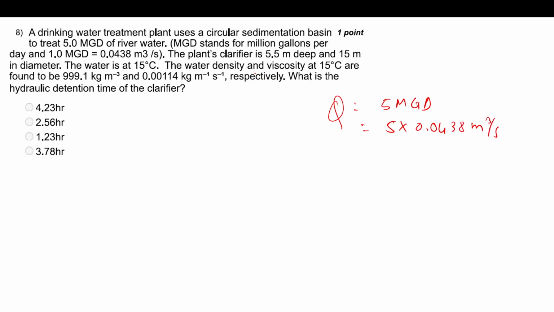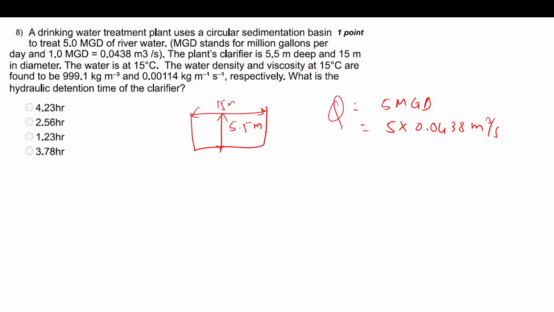Next, the plant clarifier is 5.5 meter deep and has 15 meter diameter. So if this is the tank, the diameter is 15 meter and the depth is 5.5 meter. Water is at 15 degrees Celsius.